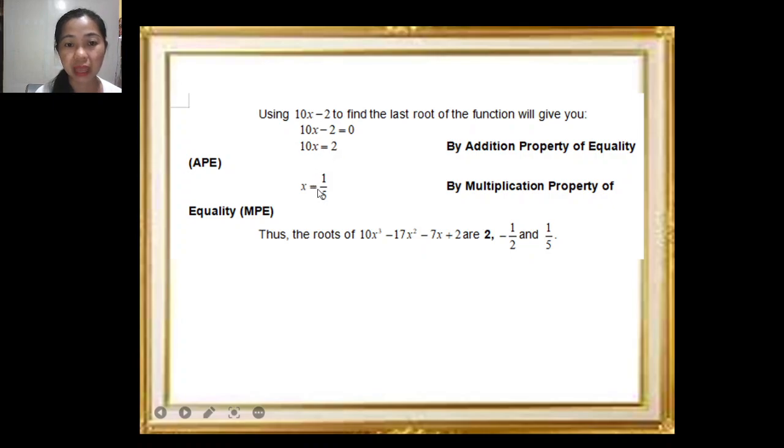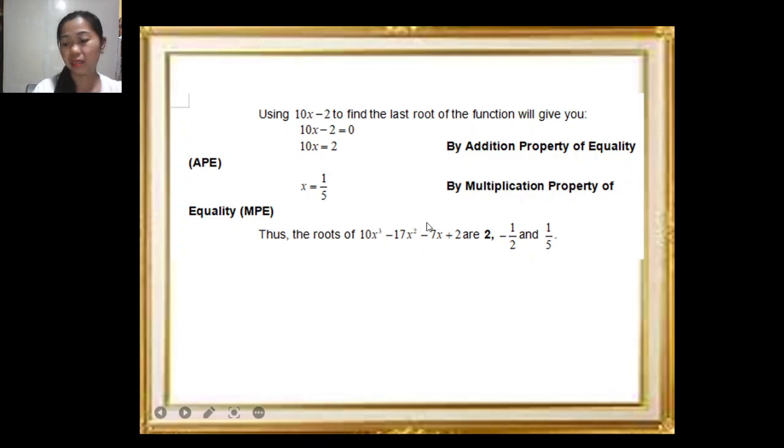Divide both sides by 10. We have x is equal to 1 over 5. So, yung roots ng 10x cubed minus 17x squared minus 7x plus 2 ay 2, 1 half, negative 1 half, at 1 over 5. Kasi itong mga values ng r na ito, pag sinubstitute natin dyan sa x, ang sagot ay 0.